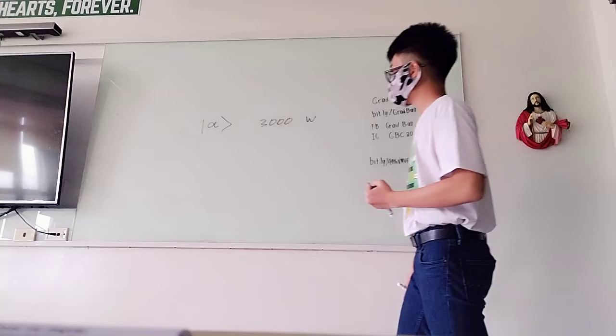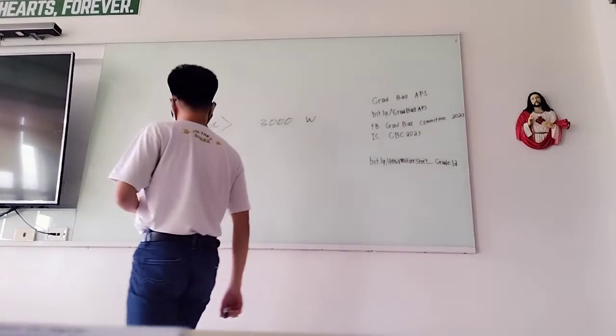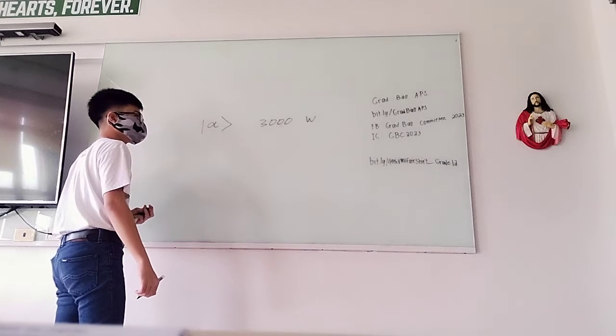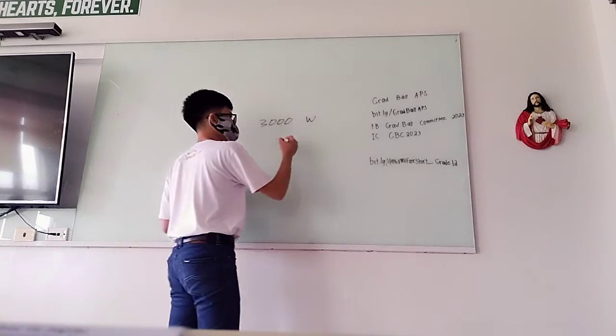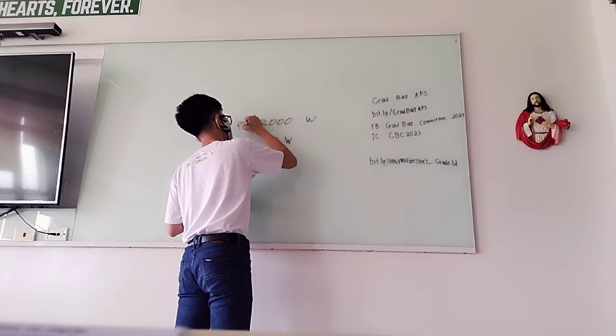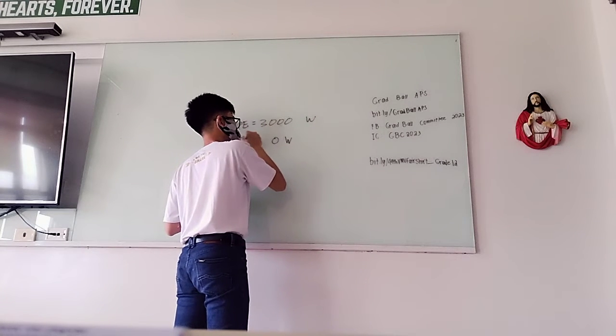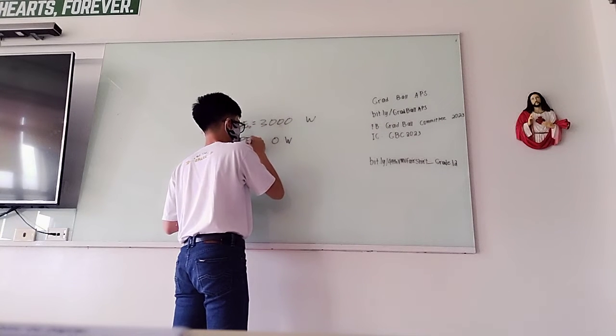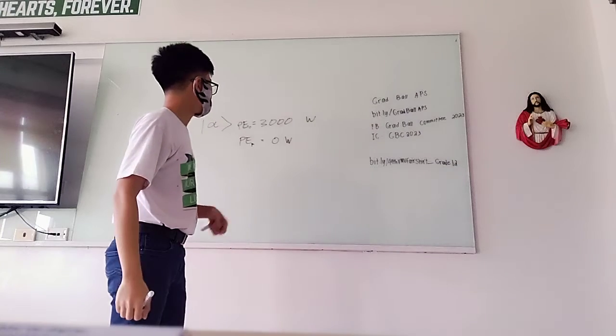And then we let this system evolve over time, and then we end up with 0 watts, of course, of potential energy. So PE0, and then PEF for final, is 0.